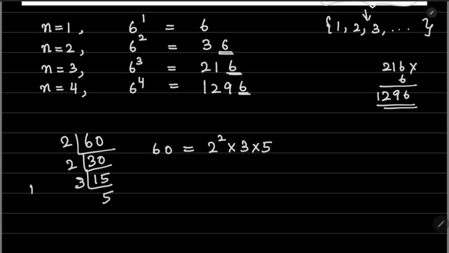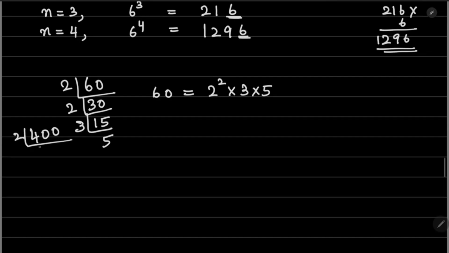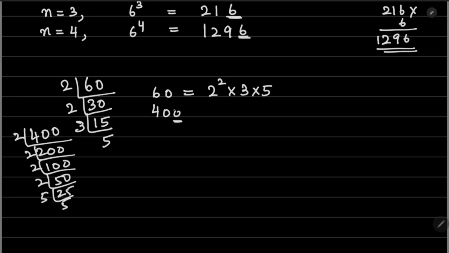Or if you take 400, if you do the prime factorization, 200, 200, again 2 50, again 2 25, and then 5 and 5. So for 400, if you see, the prime factorization of a number ending with 0 will be 2 to the power 4 multiplied by 5 square.